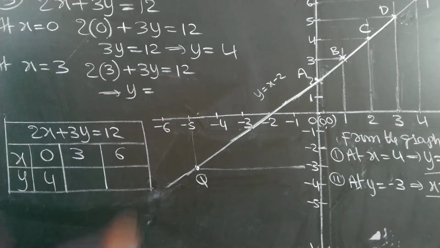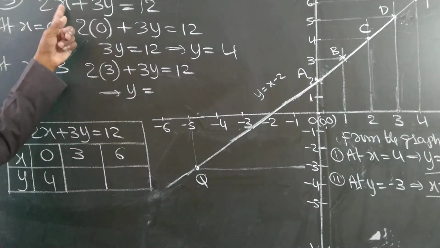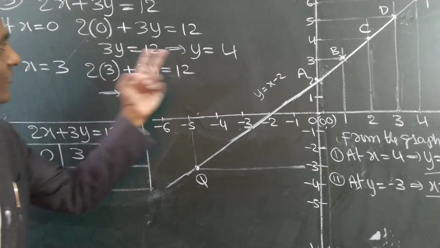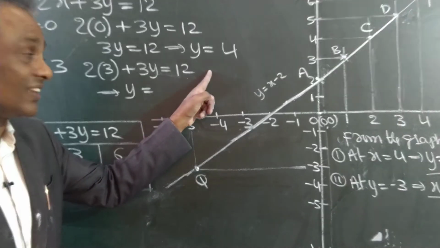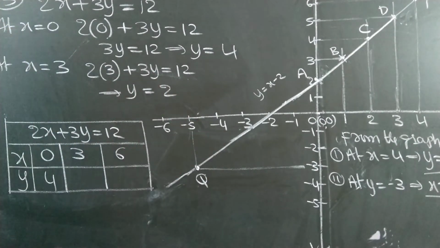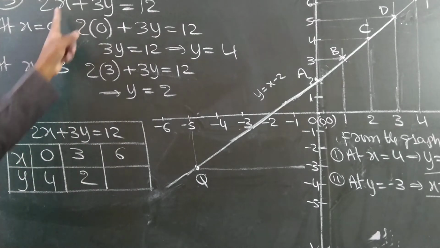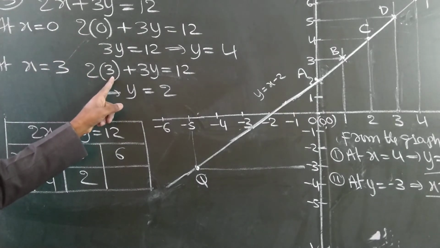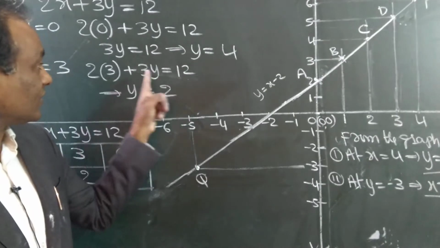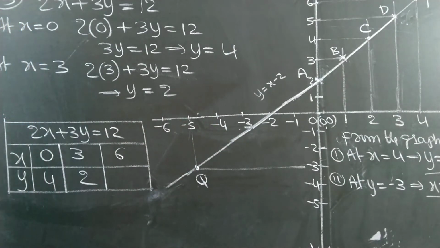I am writing the direct step. X is equal to 3 I am taking. 2 3 is 6. 12 minus 6 is 6. 6 by 3 is 2. You do the simplification. X 3. 2 into 3 is 6. 6 taken to the right side, minus 6. 12 minus 6 is 6. 6 by 3 is 2.